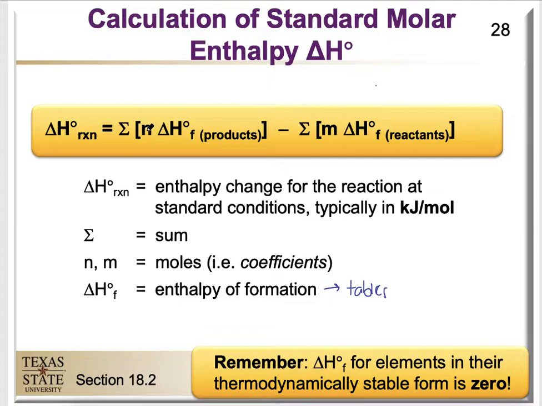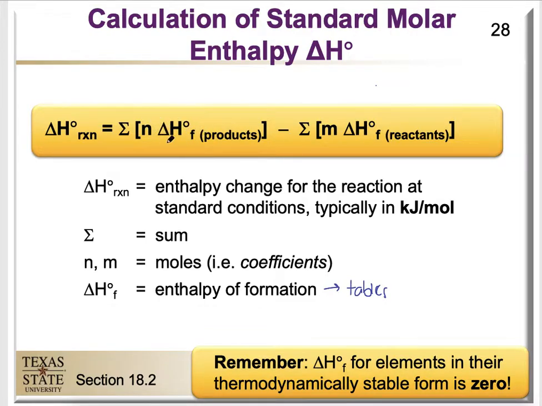Similarly, in this equation, the n and the m here represent the number of moles, or coefficients, from your balanced chemical equation. And then finally here, this symbol symbolizes sum. So to calculate the enthalpy of the reaction at standard conditions, we're going to be adding the product of the coefficient times the enthalpy of formation for each of the products.